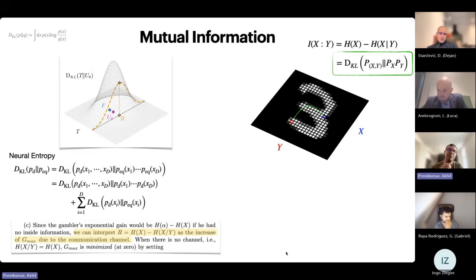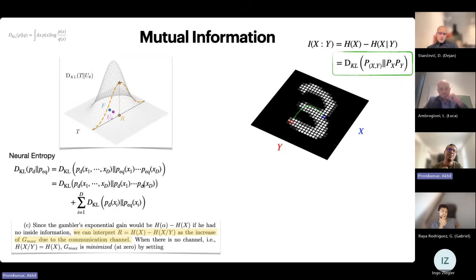If you play with that expression a little, with x1 up to xd being the different components of, for example, an image, so the components of the x vector, you can factorize the neural entropy into two pieces.